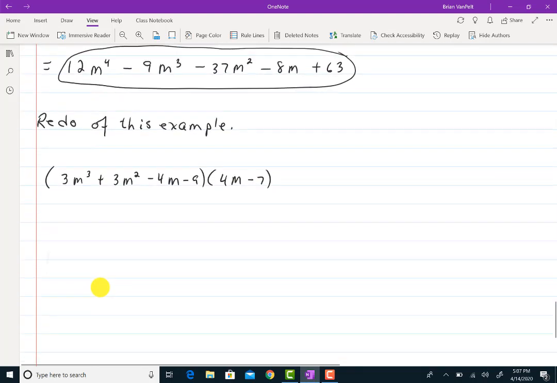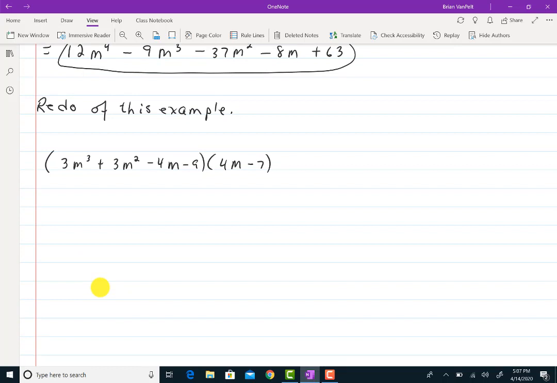So I'm going to redo this whole thing, and I'm going to start with my first, just as before, that's 12m to the fourth. And then I'm going to do that same thing times the last. That'll be negative 21m cubed.